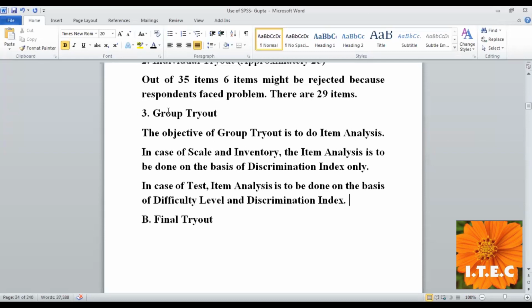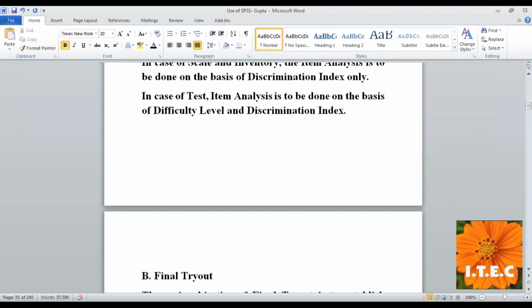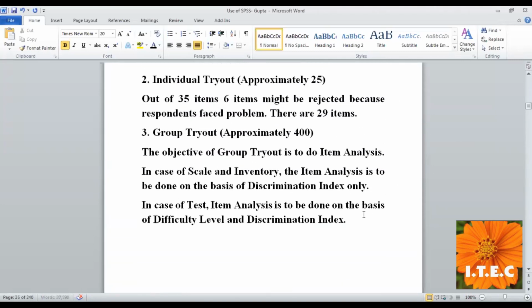Now, when I do the group tryout, I take a larger group. Say the size may be approximately 400, or you may take 500, or you may take 300, depending upon your population. Now, these people will belong to different places, and they will be male as well as female, urban and rural, science and all types.